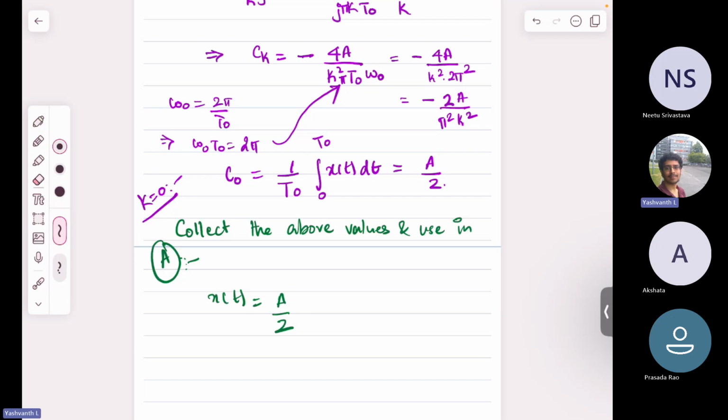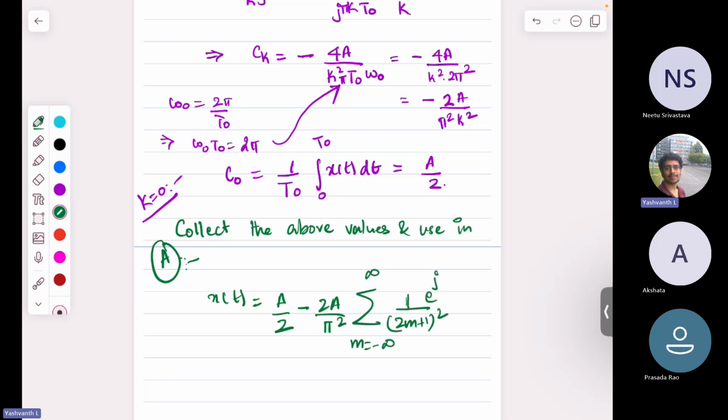So that is nothing but A by 2 minus 2a by pi square summation m equal to minus infinity to plus infinity 1 by (2m plus 1) the whole square into e raised to j (2m plus 1) omega naught t.